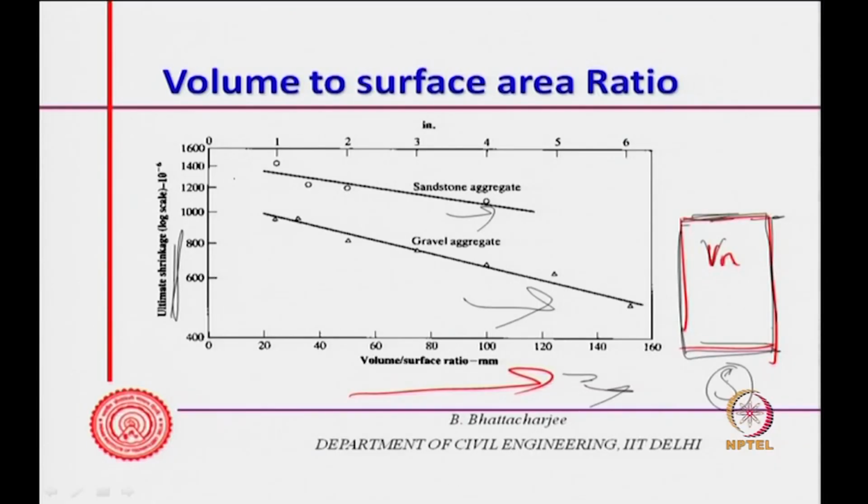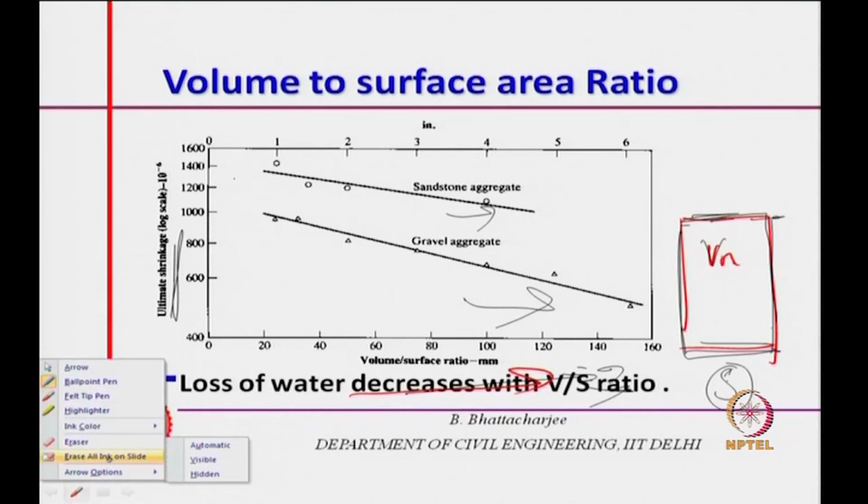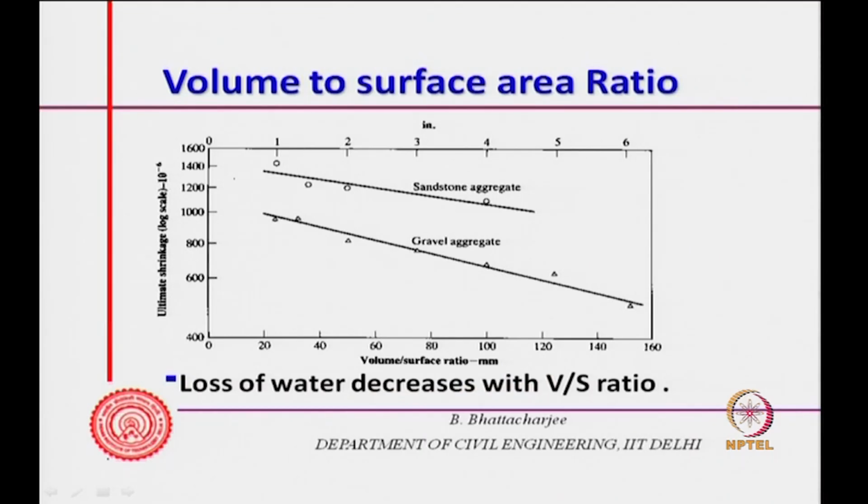So, evaporation is less. You can see that it is related to evaporation loss, right. So, loss of water decreases with increase in volume to surface area ratio. That is the idea.